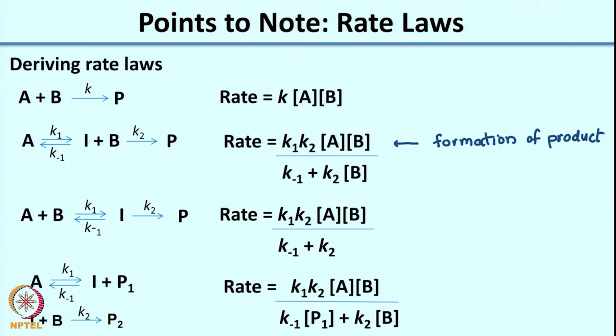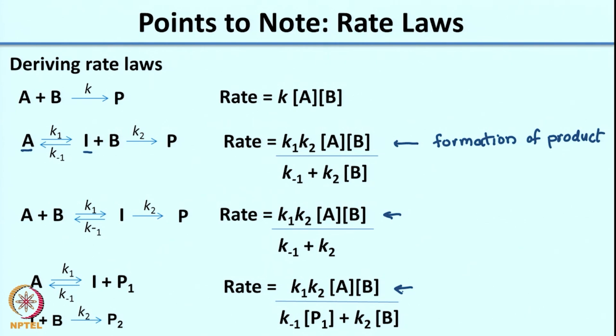If you look at it, the rate constant k1 is going from A to I, and the rate constant k2 goes from I to P. So, these are all related to formation, and in all these cases you have k1, k2, the concentration of A and the concentration of B in the numerator, whereas the denominator represents all the processes that lead to consumption of the intermediate.